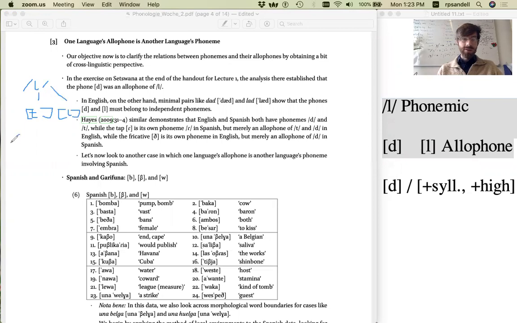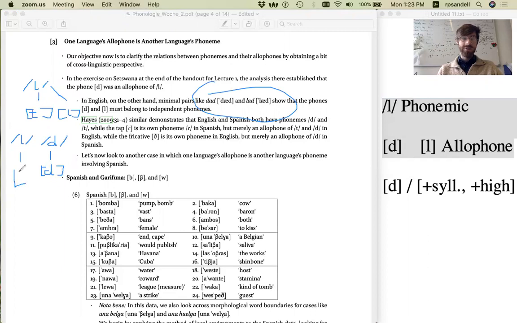But in varieties of English, that minimal pair. So recall from last week's lecture that minimal pairs don't necessarily show us what the underlying representation that should be established for a phoneme is. In this case, I'm going to assume that the underlying representation is equivalent to the surface representation in these two words, dad and lad.